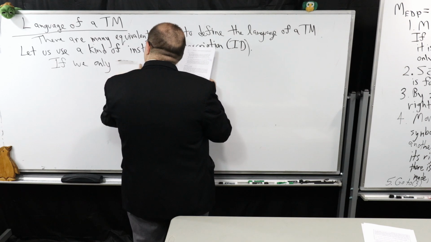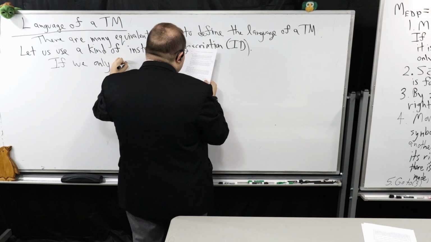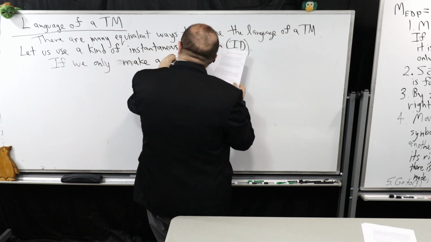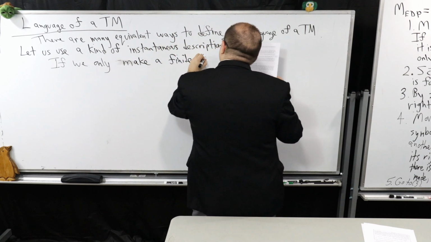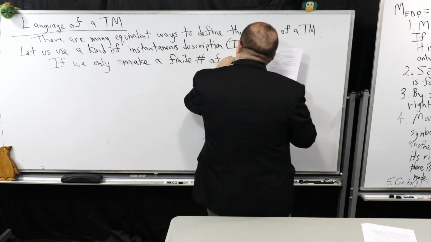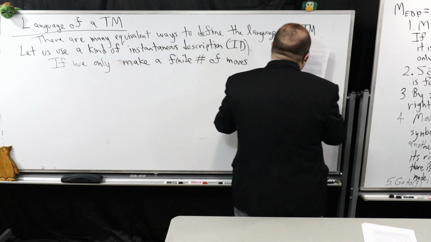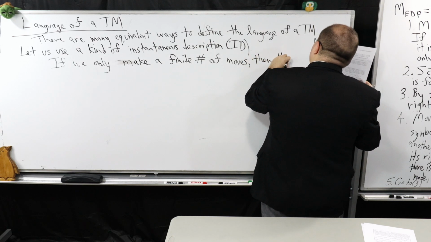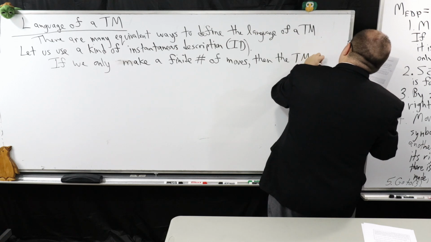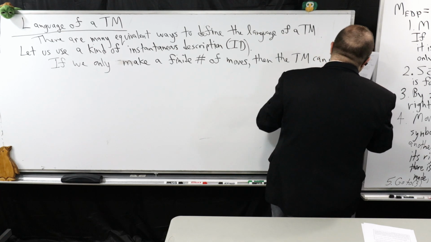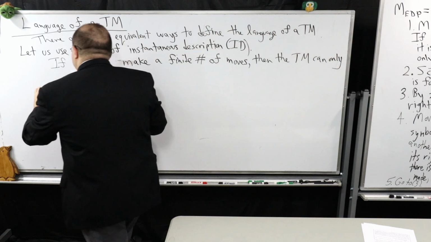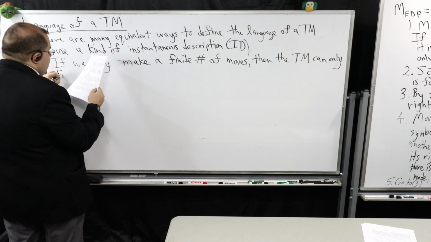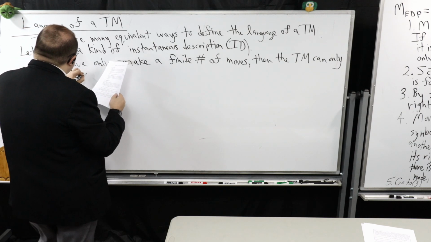If we only make a finite number of moves, then the Turing machine can only scan a finite number of cells.